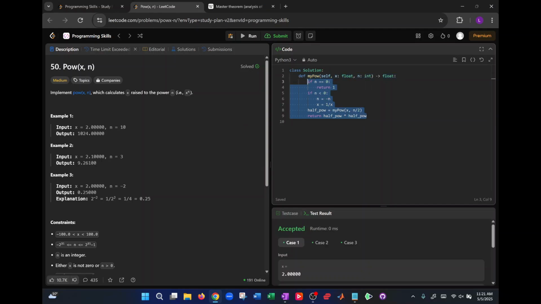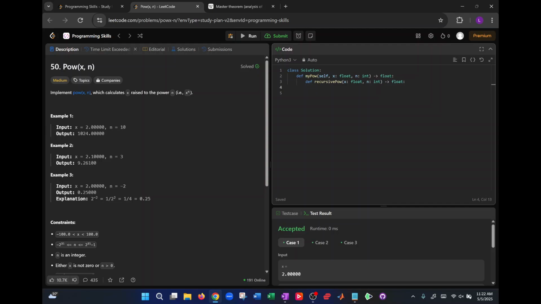Okay, so let's actually implement this. x will be a float, n will be an int, and we will return a float, just like with the original.